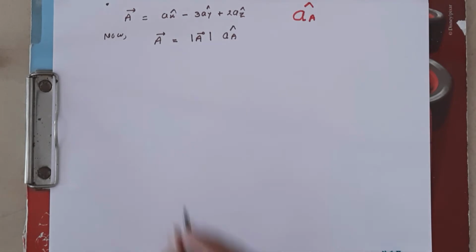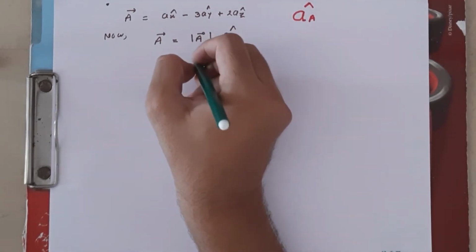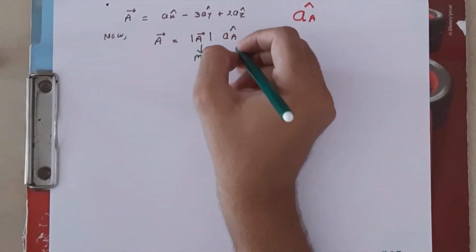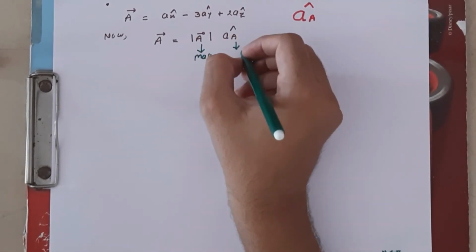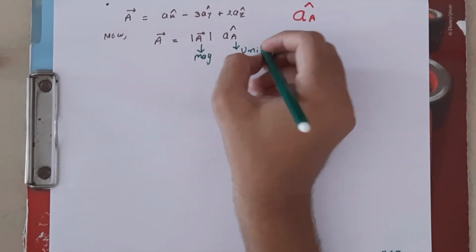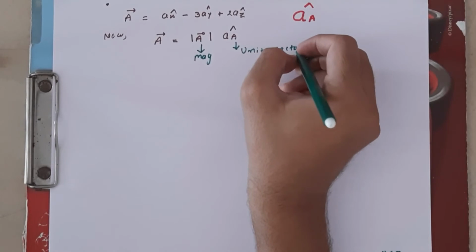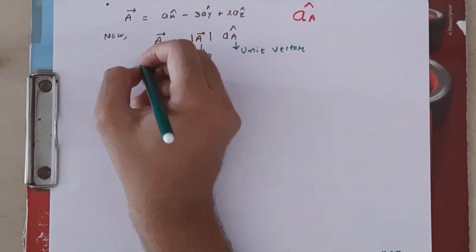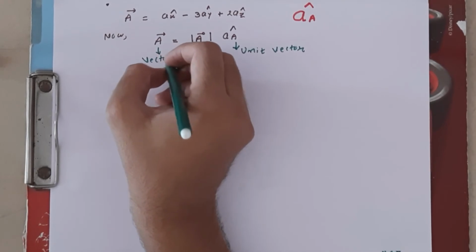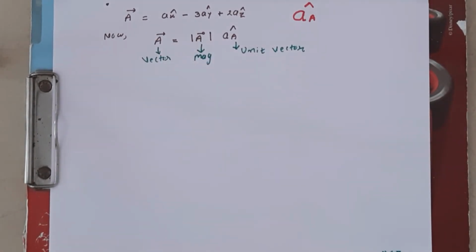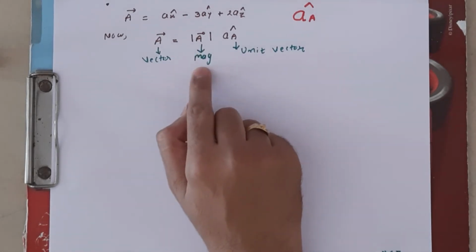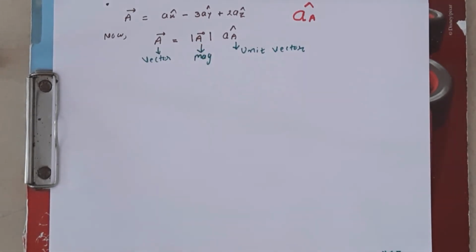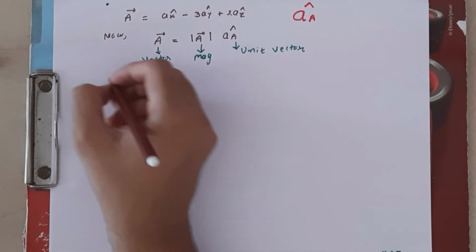This one is the magnitude of the vector, and this indicates direction, or you can say unit vector. If you multiply magnitude and unit vector, we get our vector quantity back. So first of all, we have to find the magnitude of the vector.